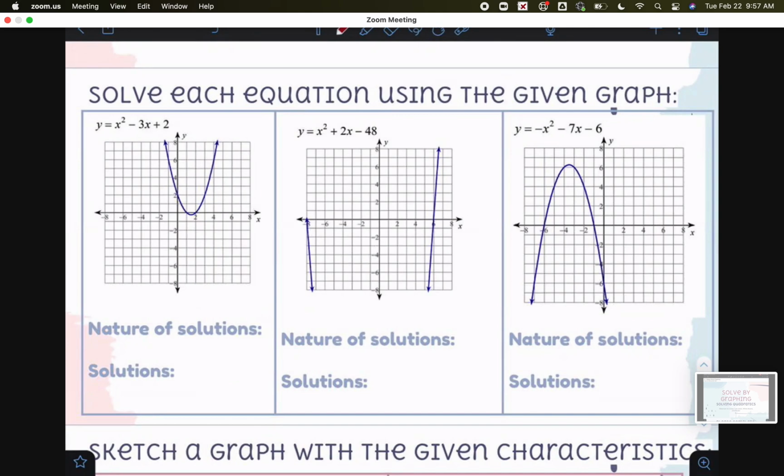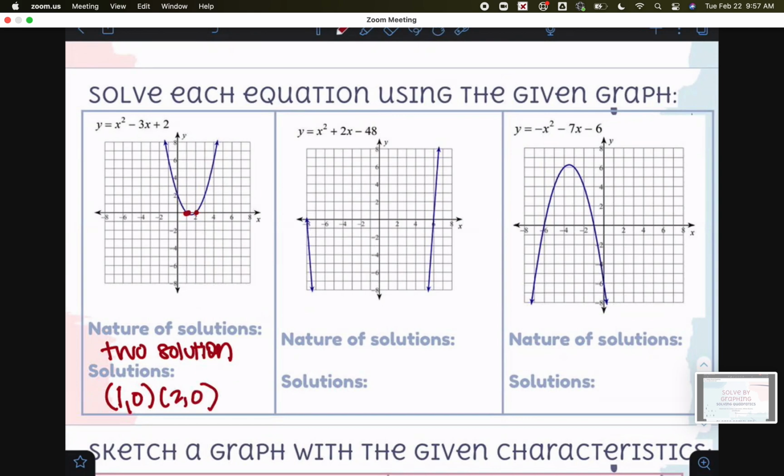Don't just assume their value. Now, if you pull these up, you will see that we get these exact solutions. But if you look at this first one, if we graph it, we've got 2 solutions. And so the nature is 2 solutions. And the solutions are (1, 0) and (2, 0).